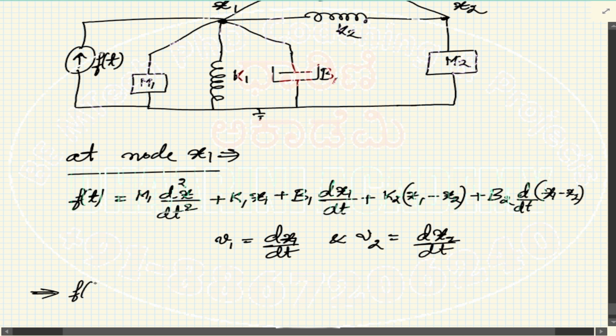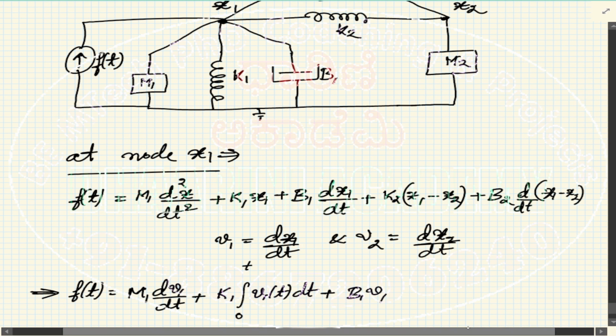So these are the changes we are going to make. Therefore, the f of t becomes equal to m1 dv1 by dt, plus, if you simply have x1, how do you get x1 in terms of velocity? Integration, correct? So this is integration 0 to t of v1 dt. Now b1 into v1. When I have k, it has to be an integration.